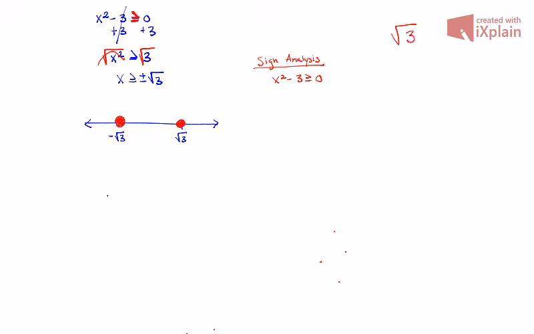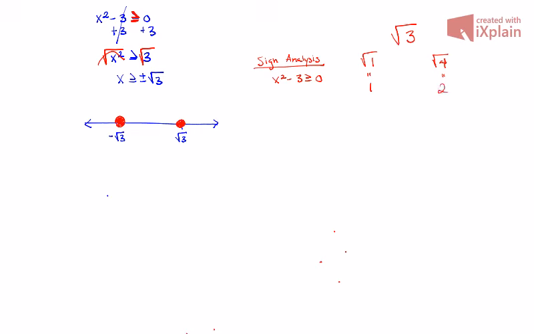We know that the square root of 1 would be to the left of the square root of 3, because it's smaller, and the square root of 4 would be to the right of the square root of 3 because it's bigger. And we know that the square root of 1 is equal to 1, and the square root of 4, I'm being redundant, is equal to 2.